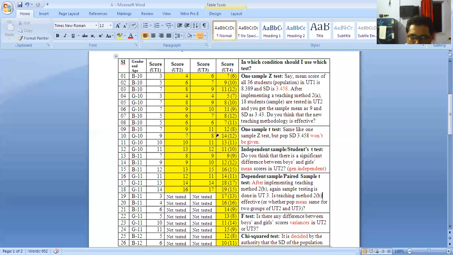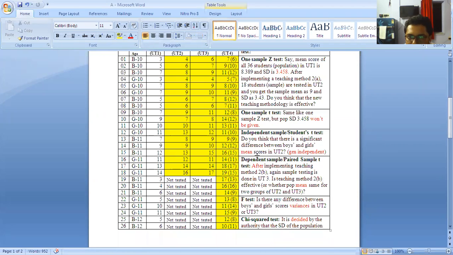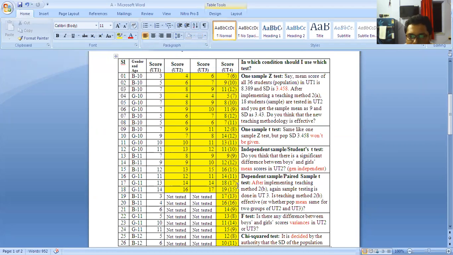So when you take a sample from the same students or from the same people, and you implement some methodology or some particular medication, and you see the effect before and after, during that time you will be using the dependent sample T test or paired sample T test.